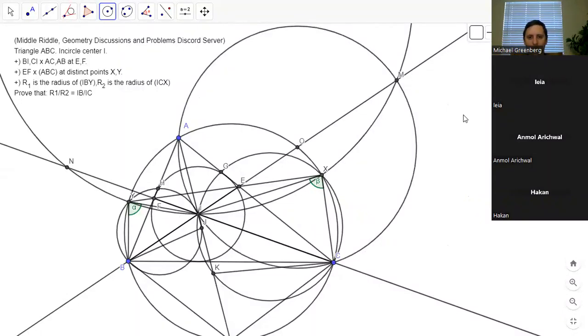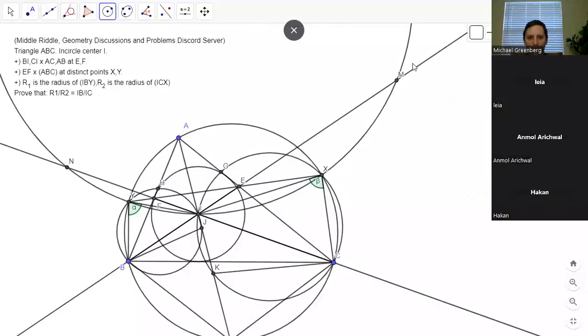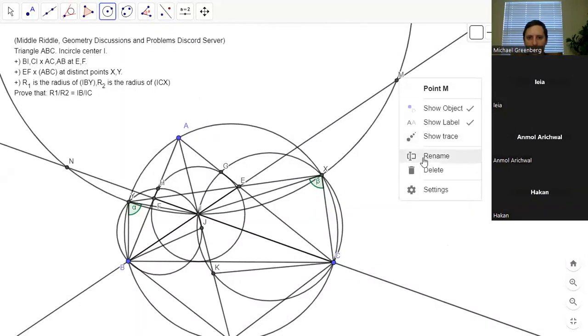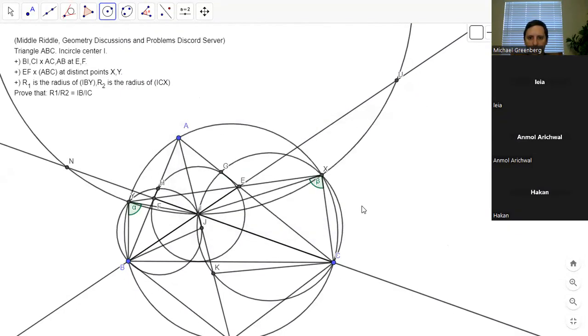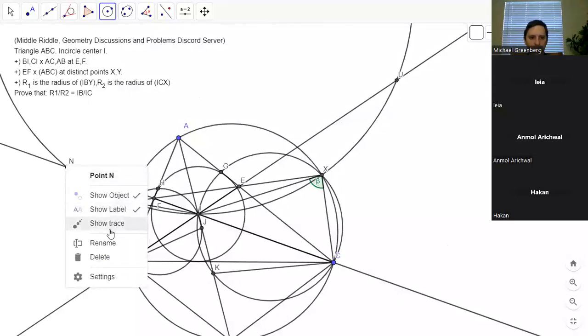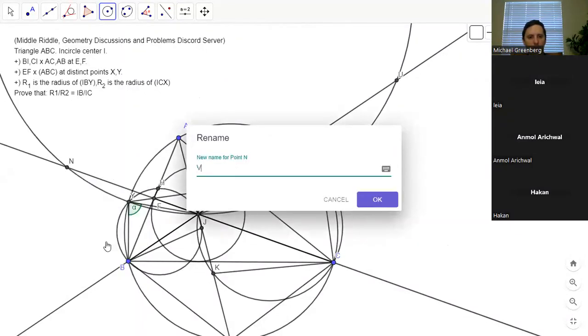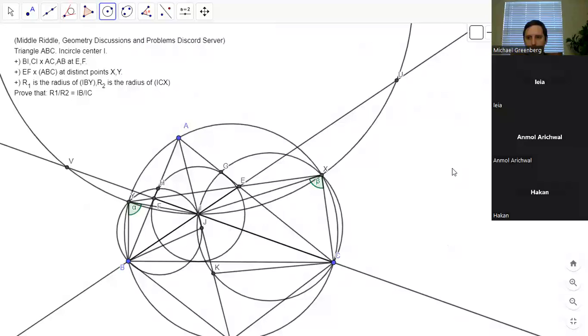Interesting. Okay. So call them, what are some good letters? U and V, why not? It follows by power of a point through E.